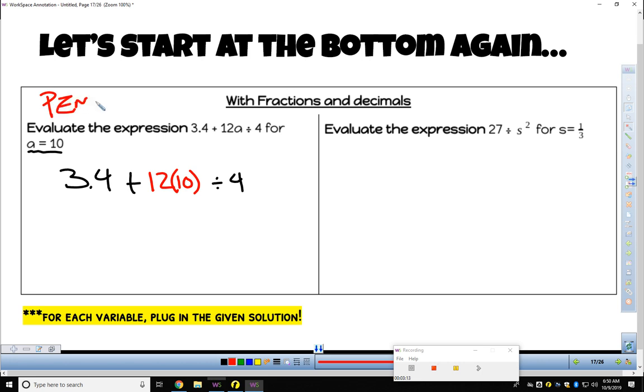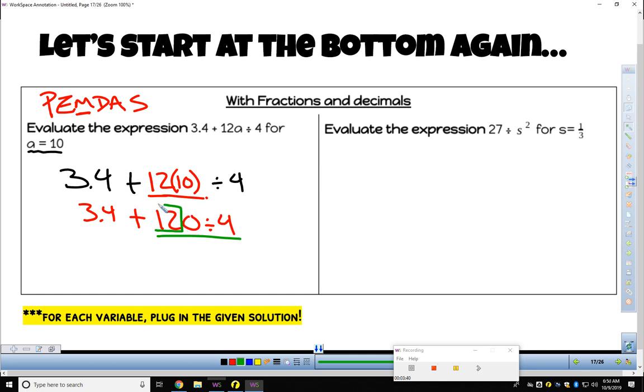Order of operations tells me that I need to multiply before I divide as I move left to right. So I'm going to satisfy 12 times 10, and that's 120 first. And then I'm going to divide.